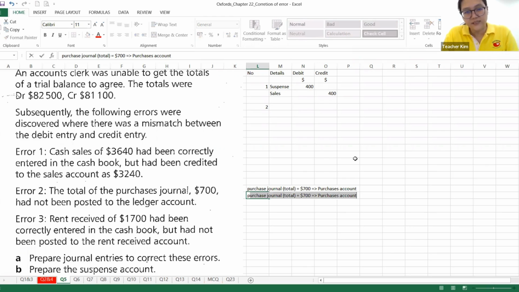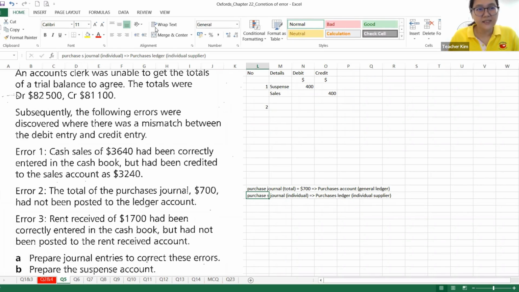And under your purchases journal you also have the individual amounts. These individual amounts you post to the purchases ledger under the individual supplier. And this total amount goes to the purchases account under the general ledger.